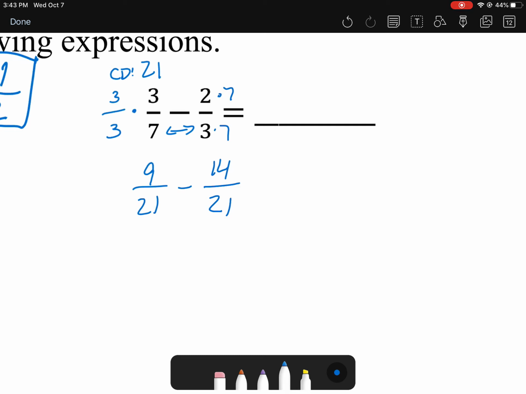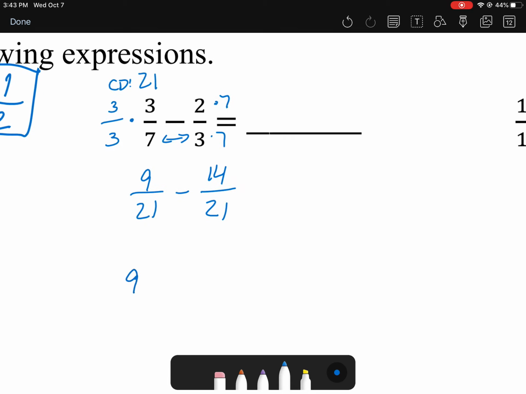Now I need to go ahead and subtract my numerators. So really I'm dealing with 9 minus 14. Now when we're subtracting two integers, I should be using LCO. So I'm going to leave 9, change the minus to a plus, and then take the opposite of my second number.